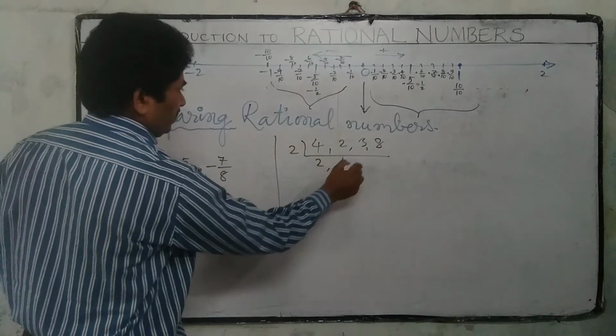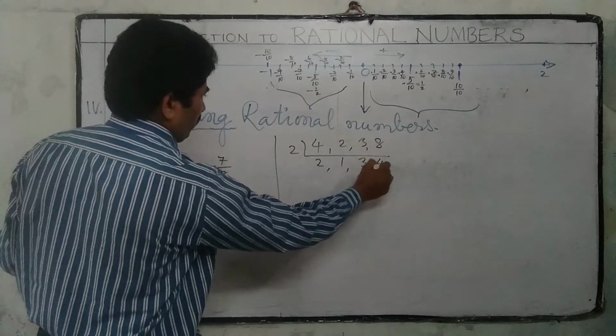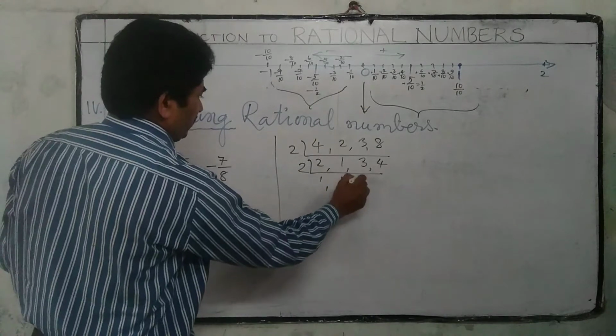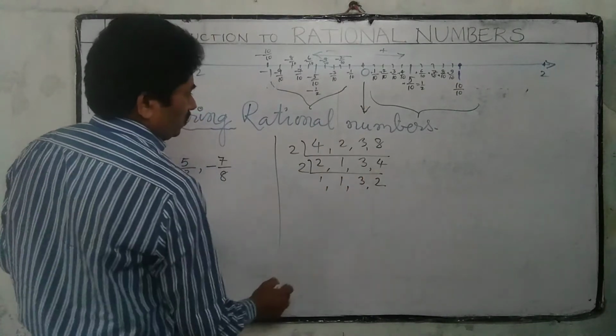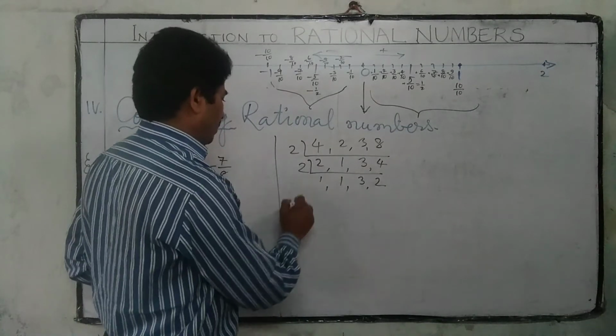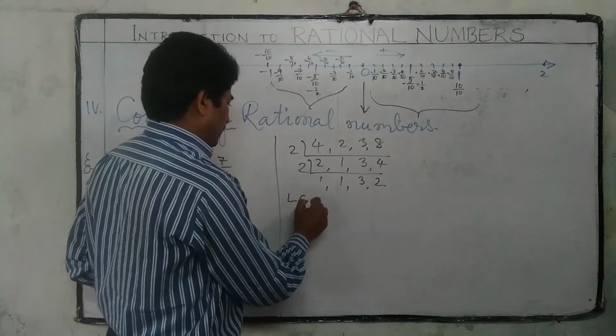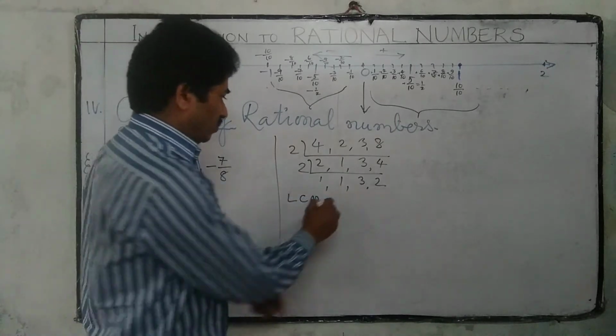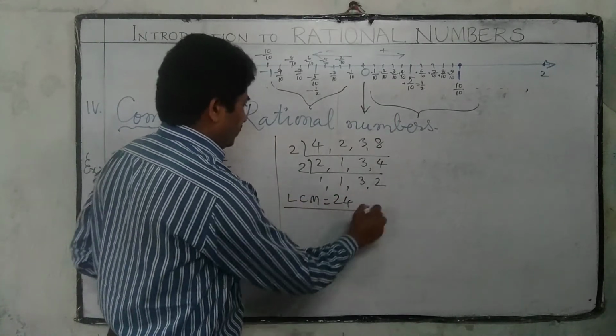Dividing by 2, we get 2, 1, 3, 4. Again by 2, 1, 1, 3, 2. Now we have 2 co-primes, that's why we have to stop. LCM is equal to 2 times 2 is 4, 4 times 3 is 12, 12 times 2 is 24. LCM is 24.